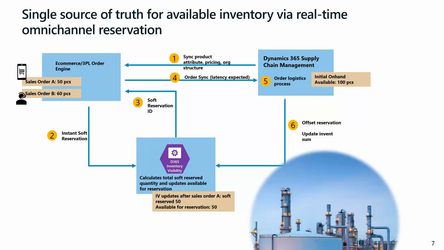And as the order sync can take some time to complete, during which time the on-hand available in SCM will still show as 100. And therefore, when the second order that requires 60 quantity comes in, it's best to query inventory visibility again to do soft reservation.